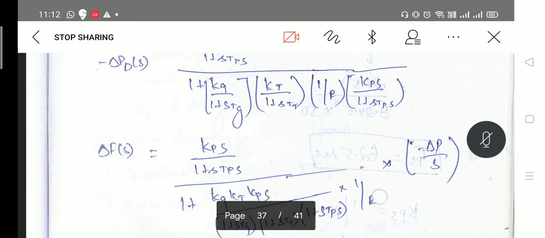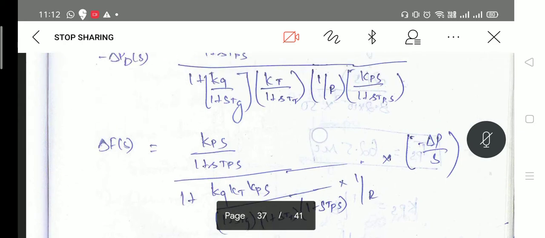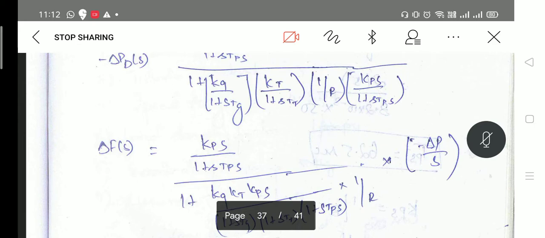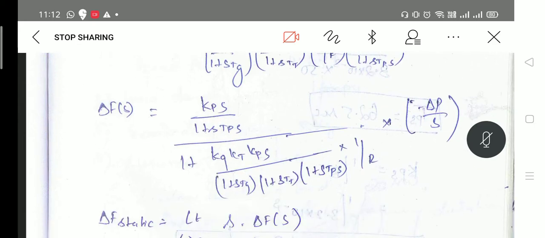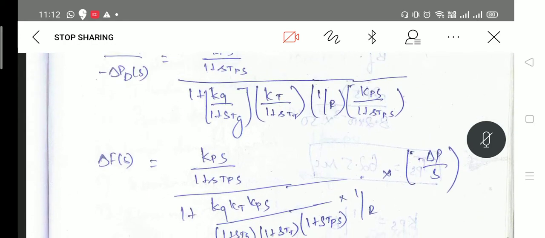From this we will get Kps by 1 plus sTps, times 1 plus, after simplification of the whole thing, Kg into Kt into Kps by 1 plus sTg, 1 plus sTt, 1 plus sTps, into 1 by R. I am writing 1 by R separately, into delta PD of s.